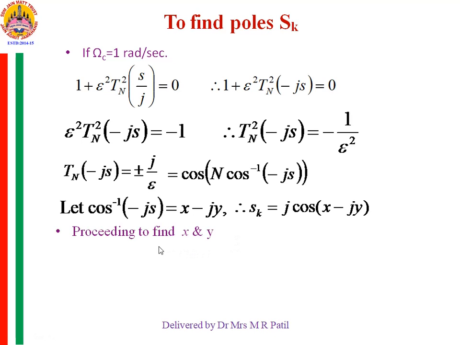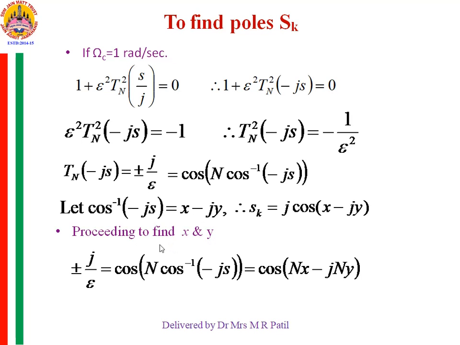Now proceeding to find the values of x and y. So in this equation of cos inverse of minus js, if I substitute S in this equation, which is j cos of x minus jy here, so what you will get, this j into minus j will be plus 1.